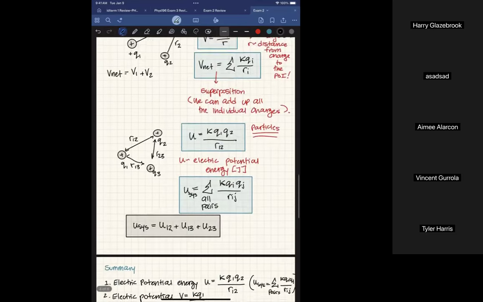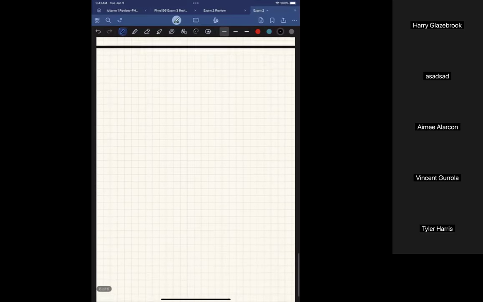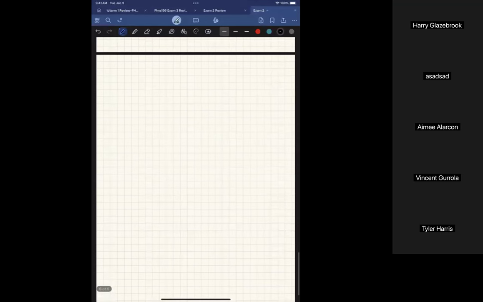All right, let's start with chapter 25. I think these problems are going to be a little bit faster. I'm going to do one capacitor problem and then one group-of-charges problem.